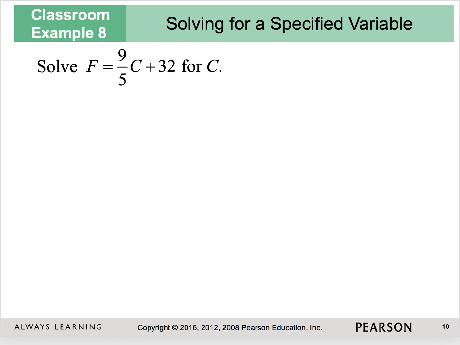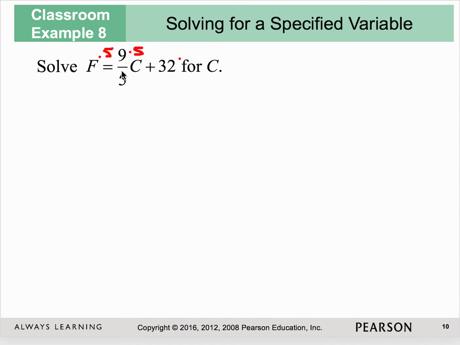Okay, there's the Fahrenheit Celsius conversion. And it says solve for C. What's the first thing you notice about this equation? Right, fractions. Oh, but hey, it has an equal sign. So I'm getting rid of the fractions. Multiplying every term.